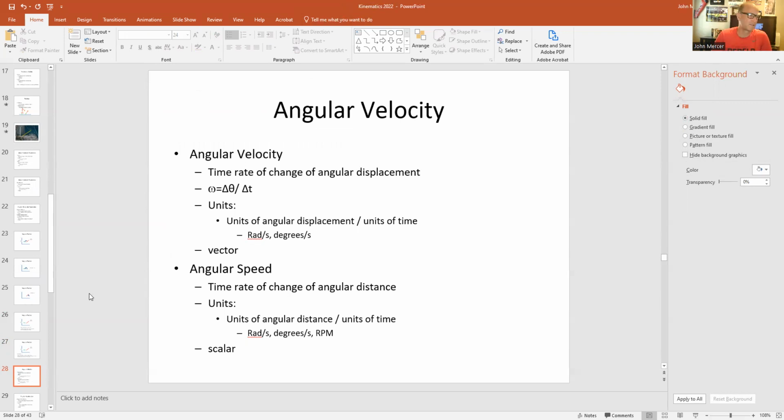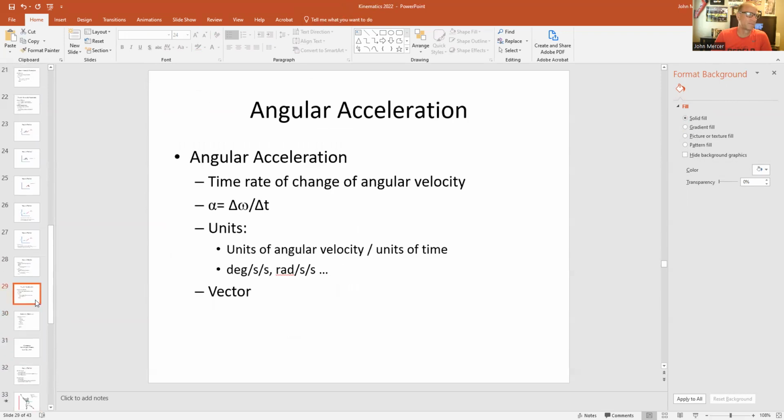All right, our final angular parameter is angular acceleration. Angular acceleration is how fast angular velocity is changing, the time rate of change of angular velocity. In this case, we use the symbol alpha equals delta omega, change in angular velocity, over delta t, change in time period. Final angular velocity minus initial angular velocity divided by final time minus initial time.